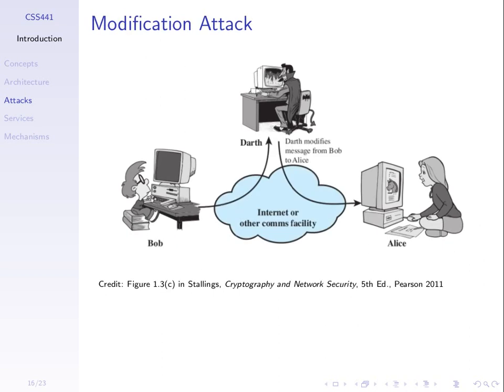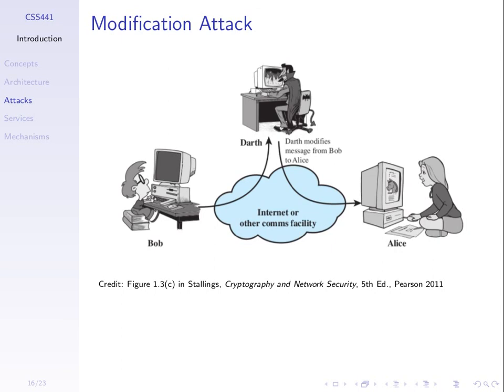Modification attack. Bob sends a message to Alice, increase Darth's salary by 10,000 baht. Before it gets to Alice, Darth is on the network, he intercepts that message and he changes 10,000 to 20,000. And it's still signed by Bob and forwards that modified message onto Alice, increase the salary to 20,000 baht.